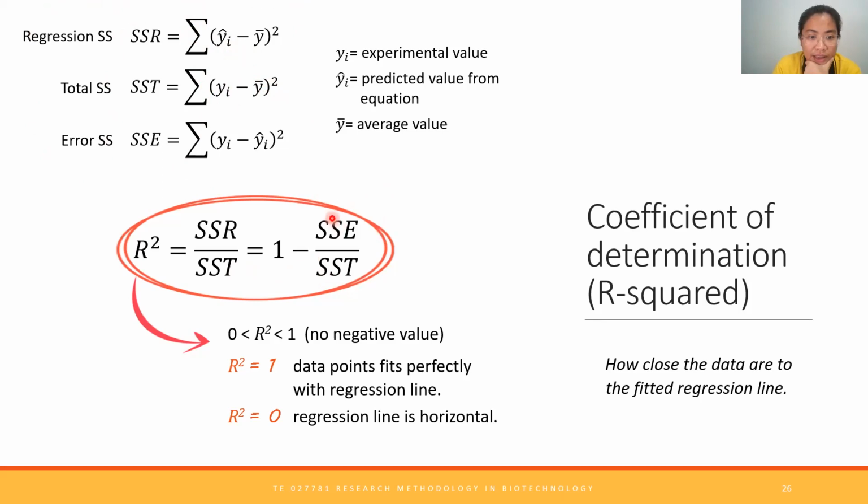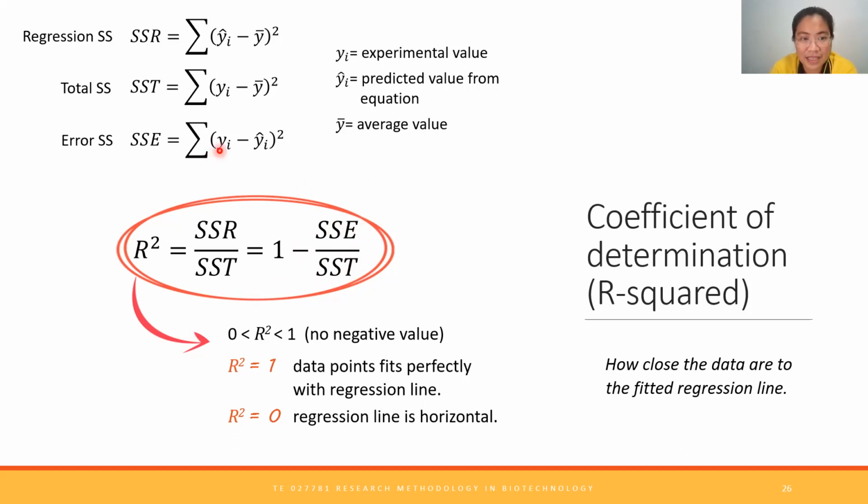Looking at this formula, your R-square could be a maximum of 1 and a minimum of 0. Looking at SSE, which is the error sum of square, the only way that R-square is 1 is when SSE is 0, because 0 over something is always 0.